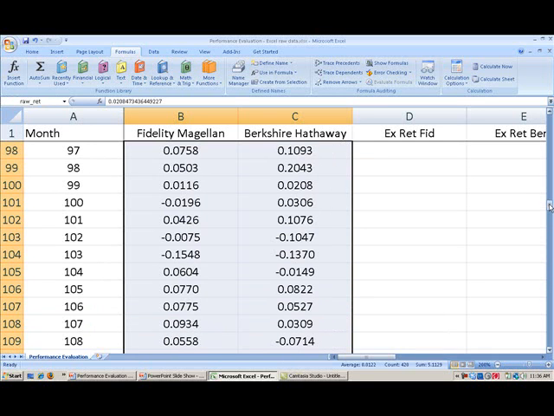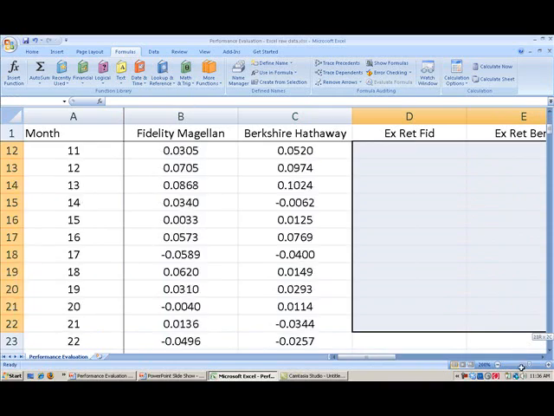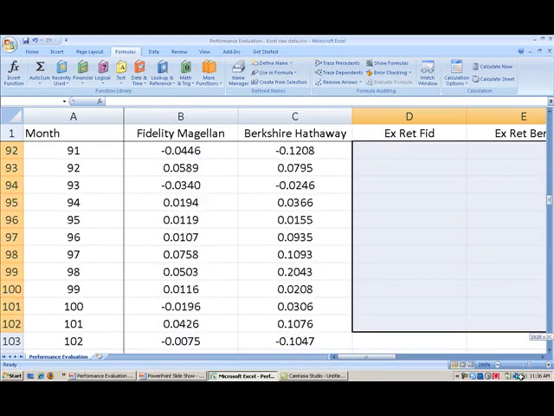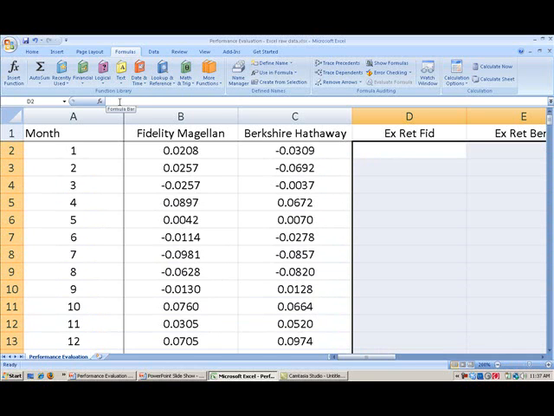We want to calculate the excess returns for Fidelity and Berkshire. So let's select the range where we're going to put those returns. Then go to the formula bar and type equals.